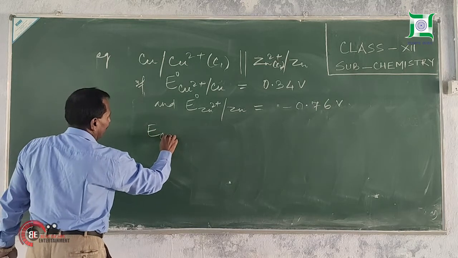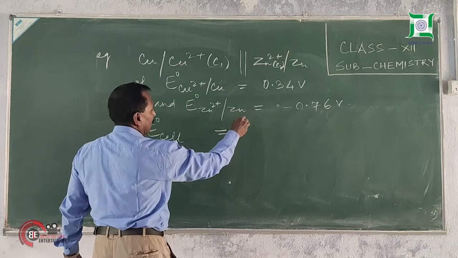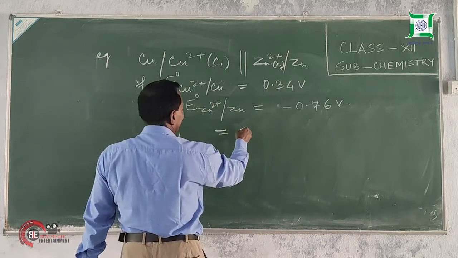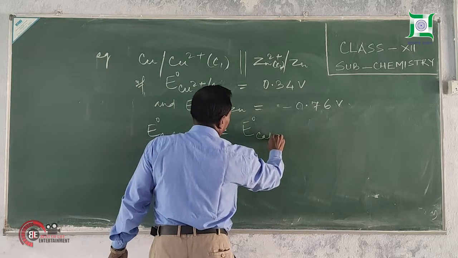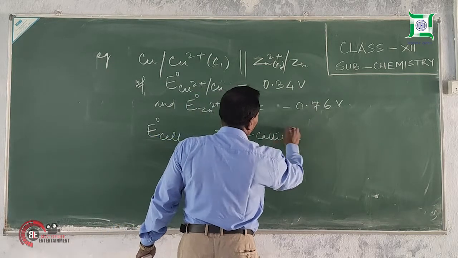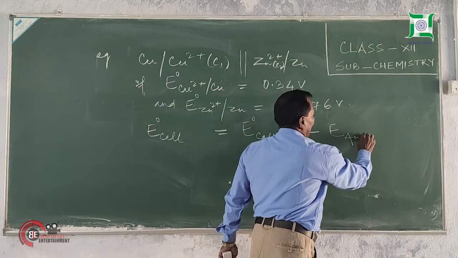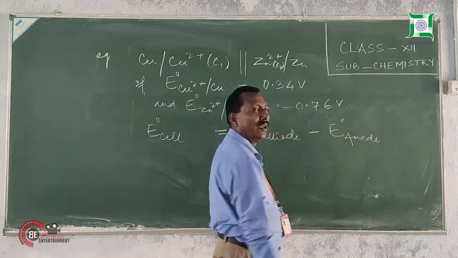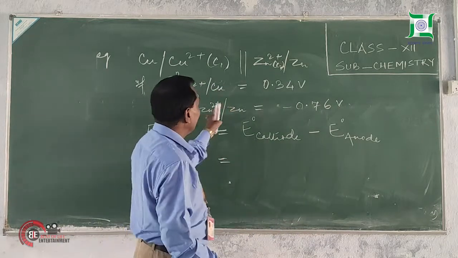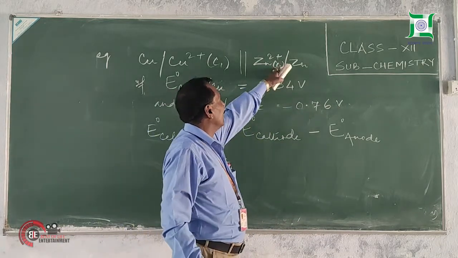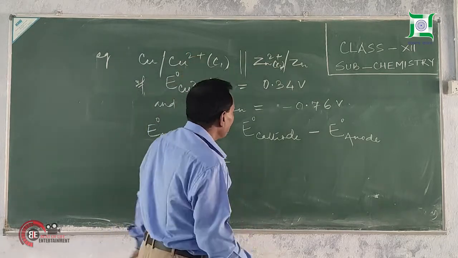EMF or E cell or standard E cell is equal to E cathode minus E anode. Now we can put the value here. The cathode is this one, right side is cathode, left side is anode, we have already discussed yesterday.